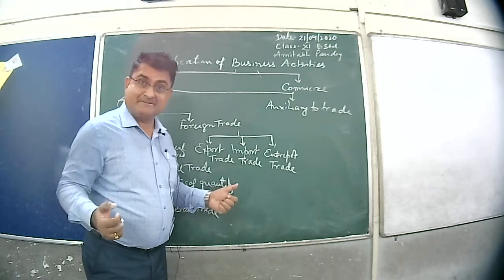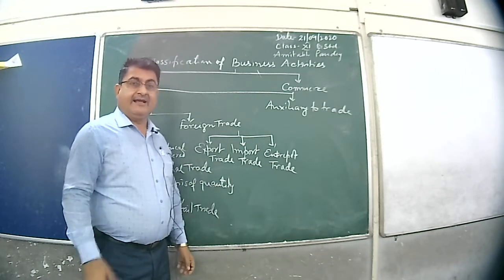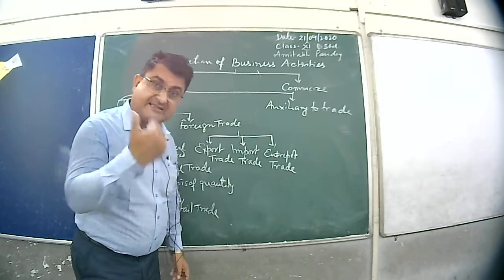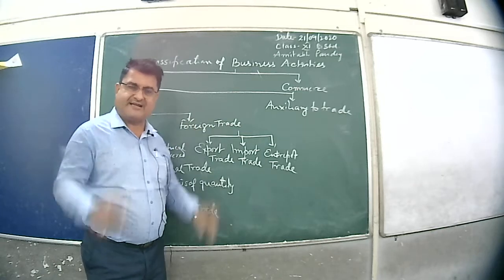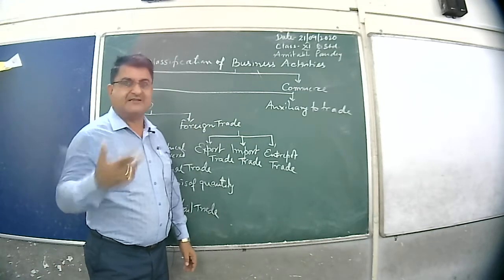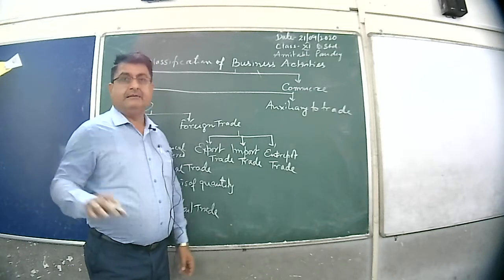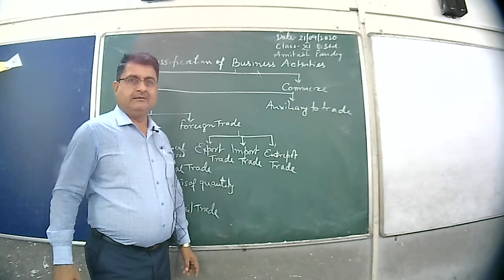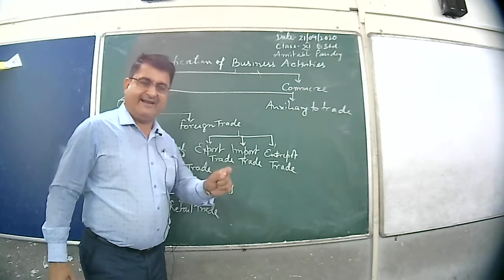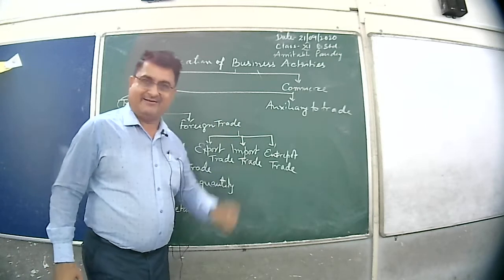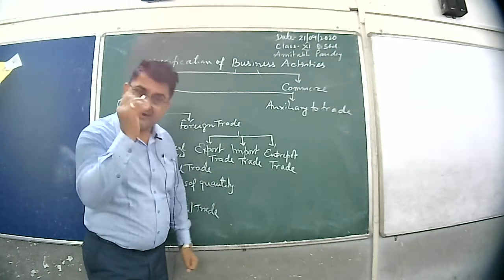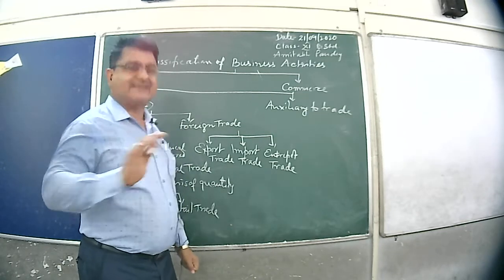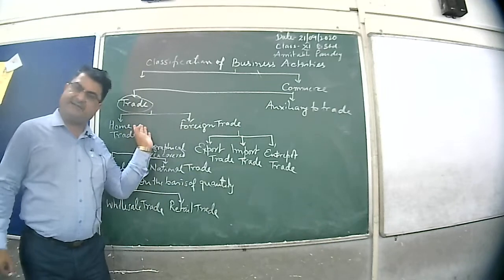That means if an entity is engaged in recurring, meaning continuous, purchase activity from different sources, and sale of all those purchased goods to different customers on a recurring basis, you may say such an entity is engaged in trade, and there must exist a definite location from which such recurring purchase and sales activities are performed by the entity.